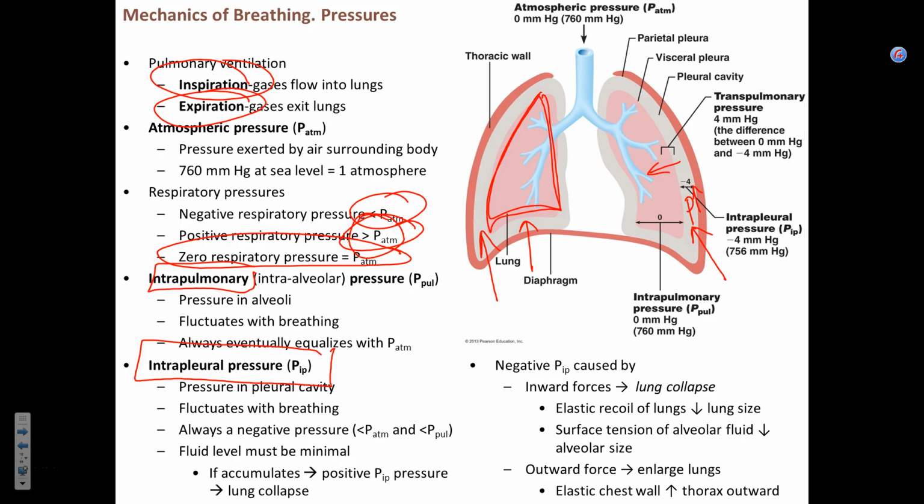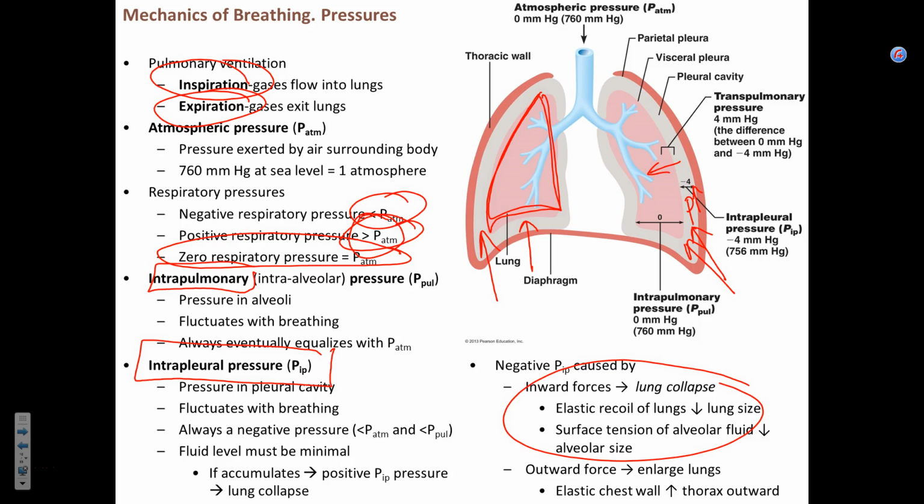So why is this pressure, intrapleural pressure, negative? First of all, because lungs are elastic and they constantly try to recoil, to become smaller. Okay? Does that make sense? As they, quote unquote, try to become smaller, the volume of the pleural cavity tries to become bigger.